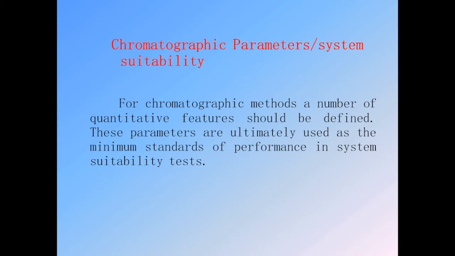The resolution of a crucial pair or pairs of peaks in the chromatogram defines the minimum separation requirement. Thus, the minimum resolution factor in the system suitability test is generally used in conjunction with the column efficiency and the tailing factor.